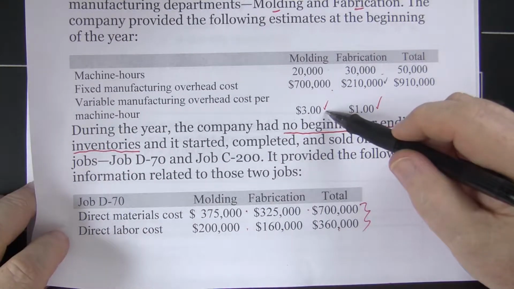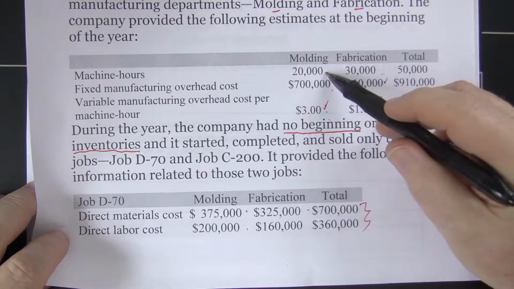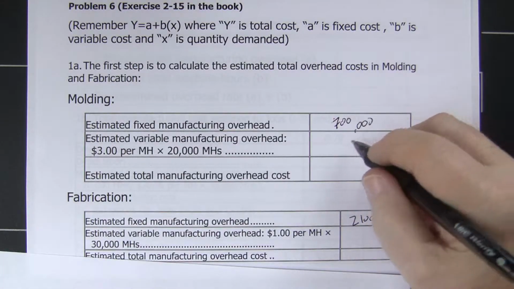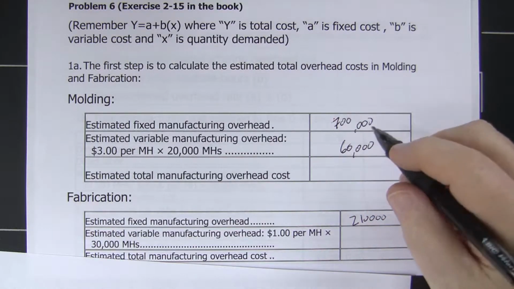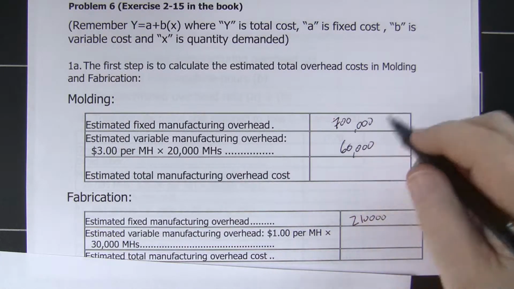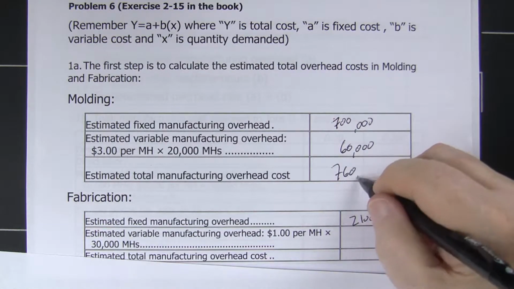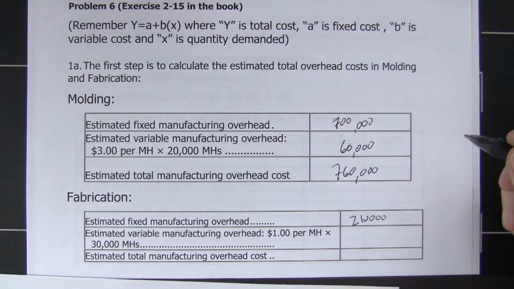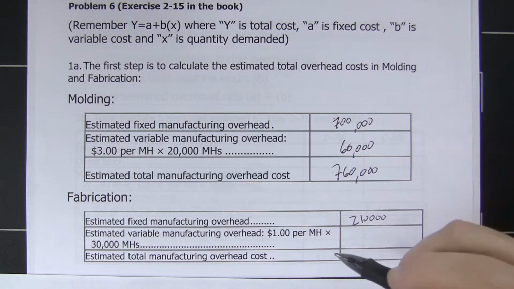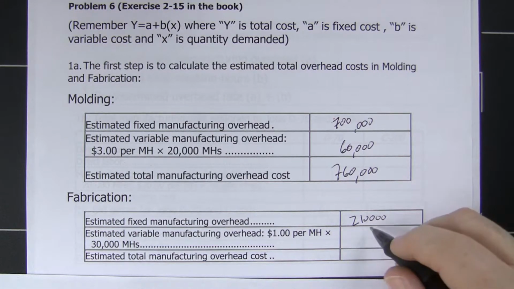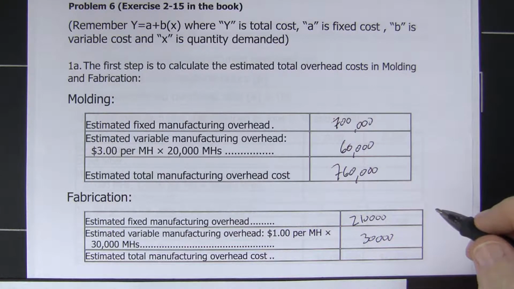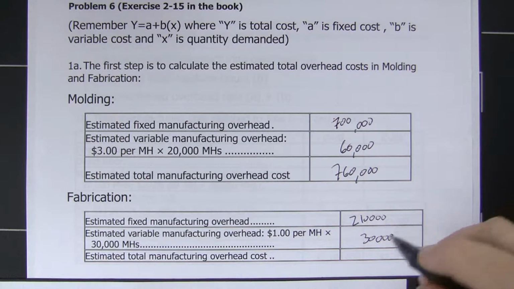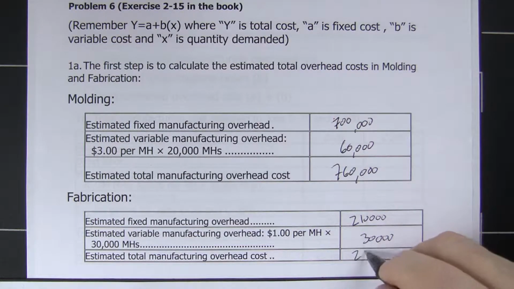You see where the $3 came from. So $3 times 20,000, 60,000. So the total estimated manufacturing overhead for the molding department, $760,000. The estimated variable manufacturing, 1 times 30,000 is 30,000. And the estimated total manufacturing cost for the fabrication department is $240,000.